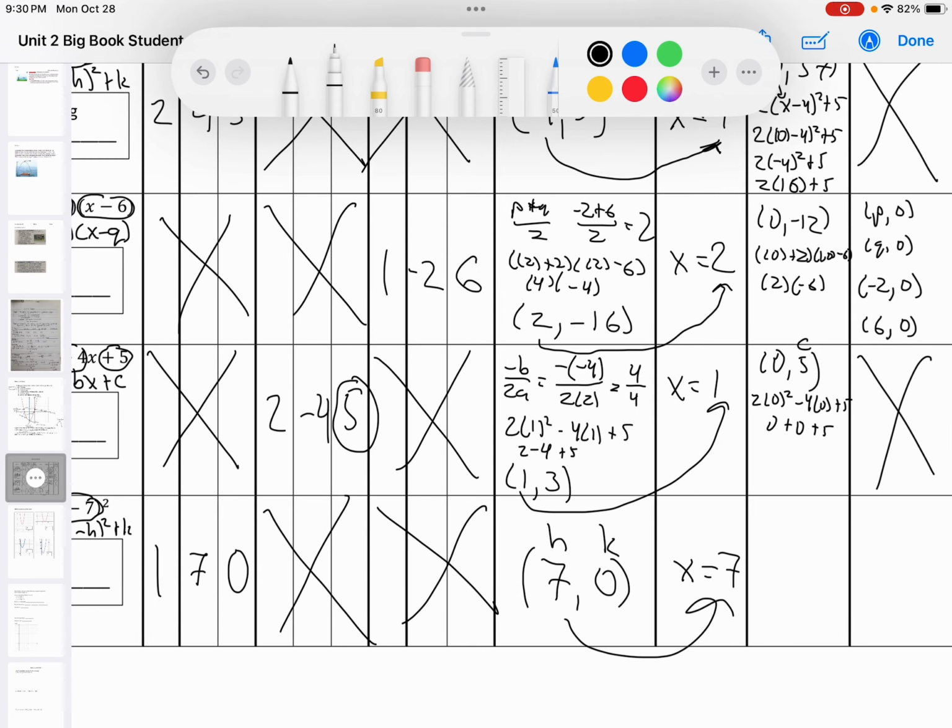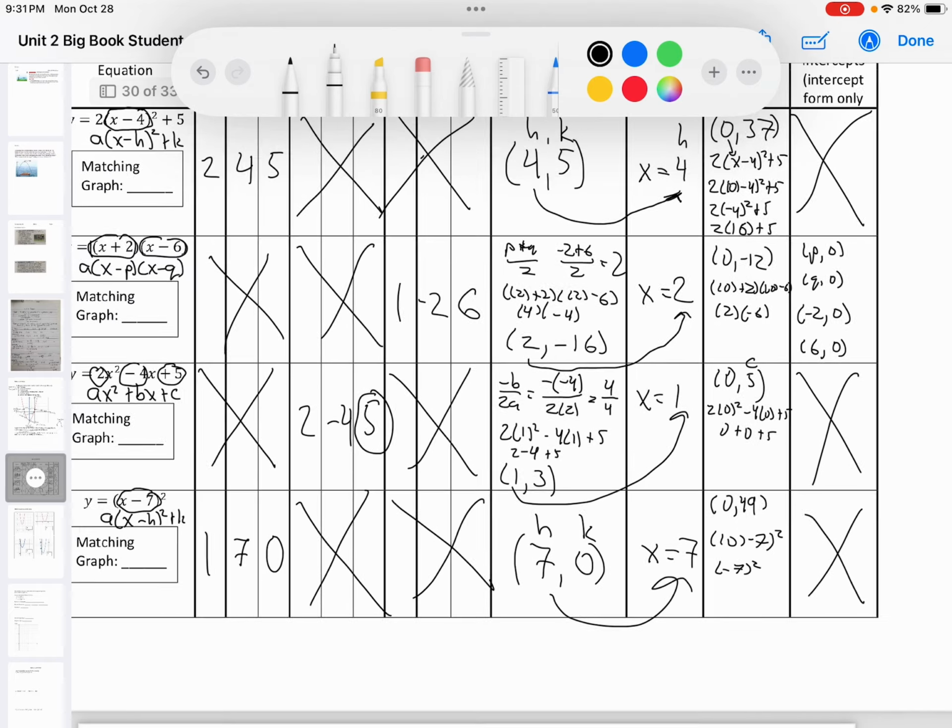And for the y-intercept, it's a point where x is 0. Substitute 0 into the function: 0 minus 7 squared, which is negative 7 squared, or 49. So (0, 49) is the y-intercept, and we don't need to find the x-intercepts.